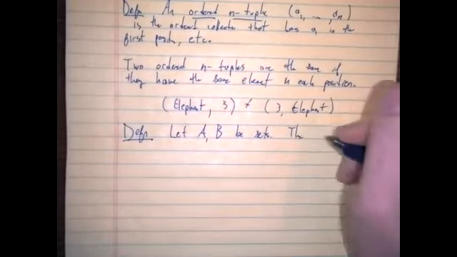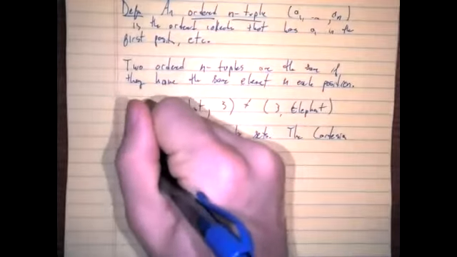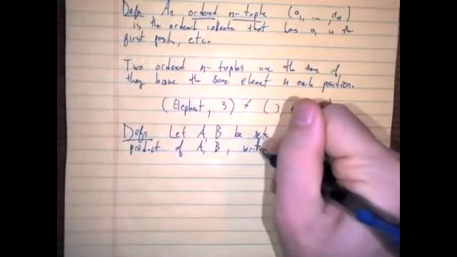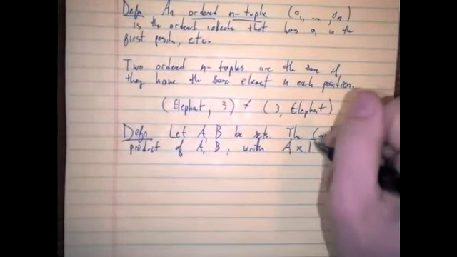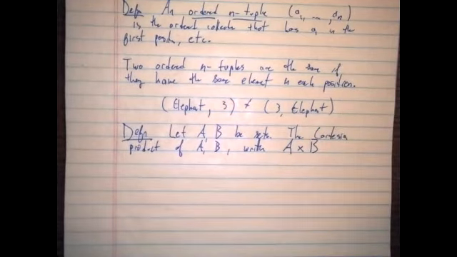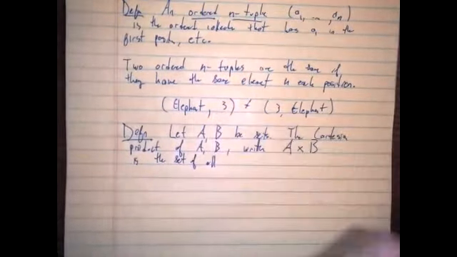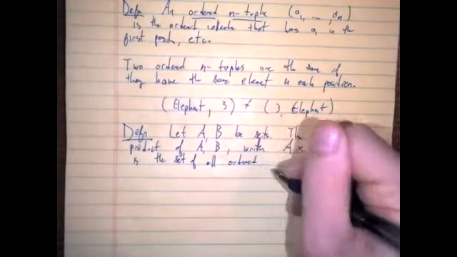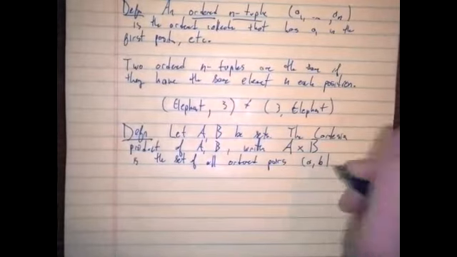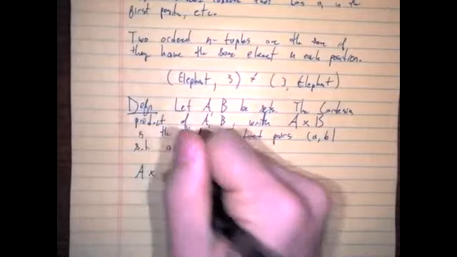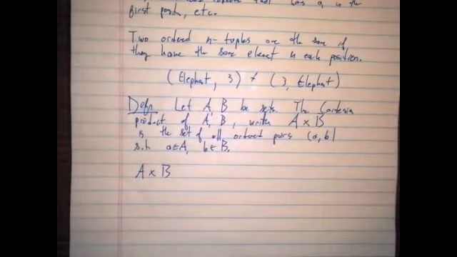The Cartesian product of A and B, written A cross B, or the product of A and B, is the set of all ordered pairs (a, b) such that a is in A and b is in B. Okay, lots of writing, but more formally, using more symbols.